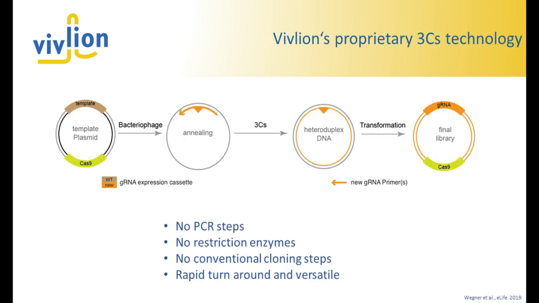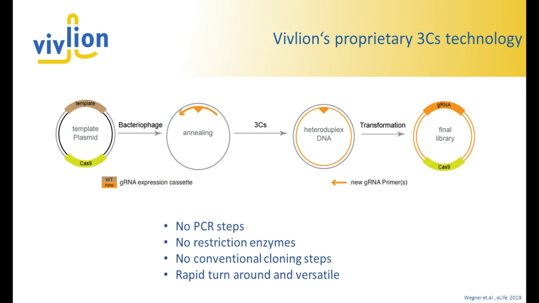This is exemplified here in an easy scheme. We can take any plasmid, with or without Cas9, an RNAi-expressing plasmid, shRNA-expressing plasmid, or even a cDNA-encoding plasmid, and convert this into a single-stranded piece of DNA. So we take that double-strand character away and turn it into a single strand, which is now this gray circle.